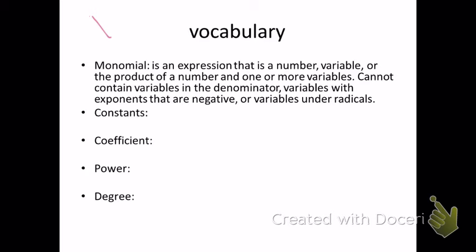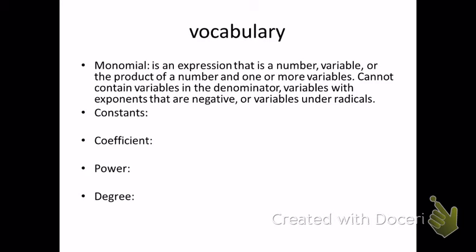So if we had something like x to the negative 3rd power, that is not a monomial. And variables underneath a radical. So if we had something like the square root of 2x to the 4th, then that would also not be considered as such. Okay.